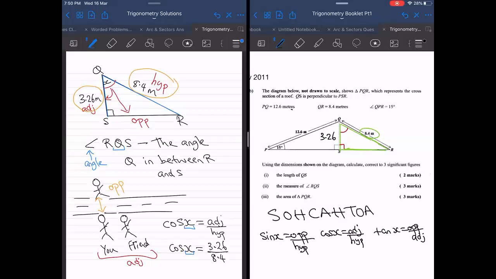So for those persons who were here on Sunday, remember that whenever you're finding the angle, you have to use the inverse function.